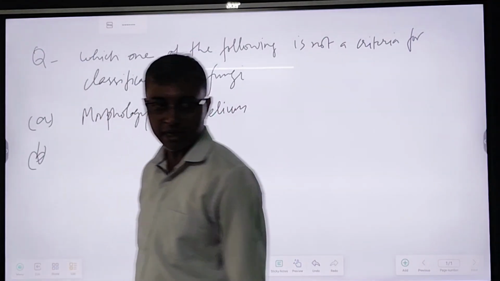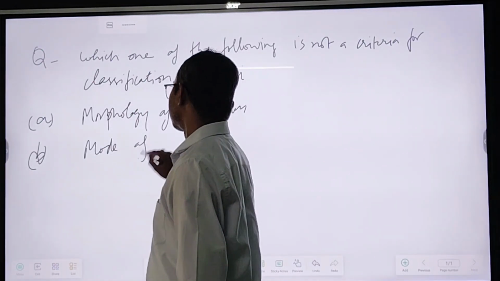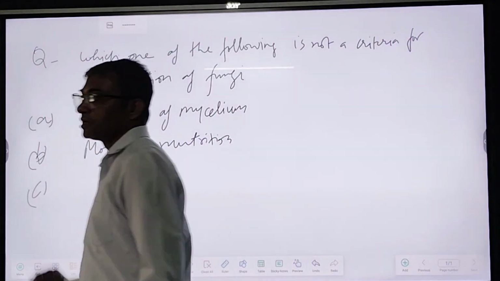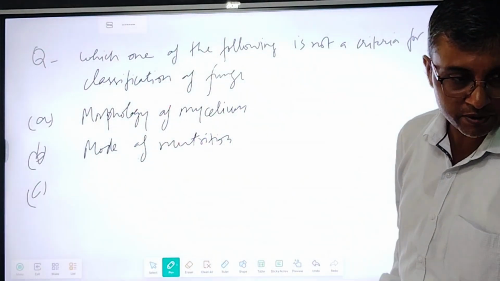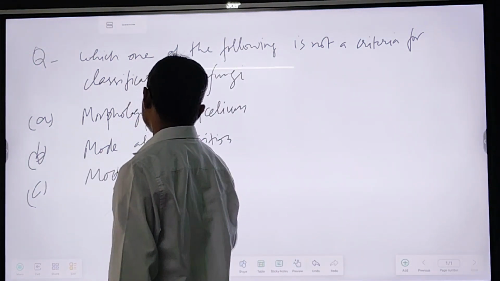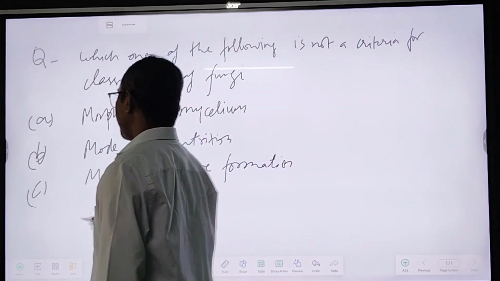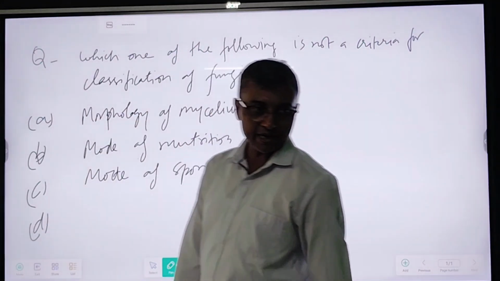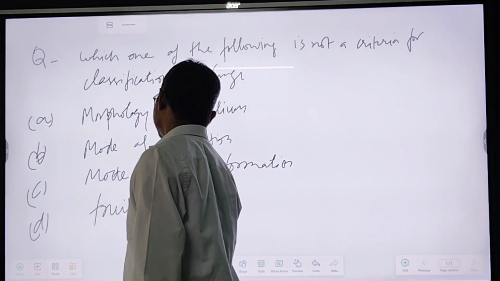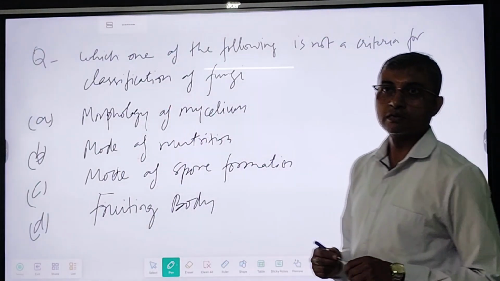B, that is mode of nutrition. C is mode of spore formation. And the next option is fruiting body. So what can be the answer?